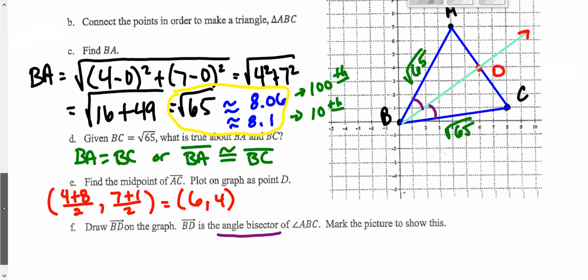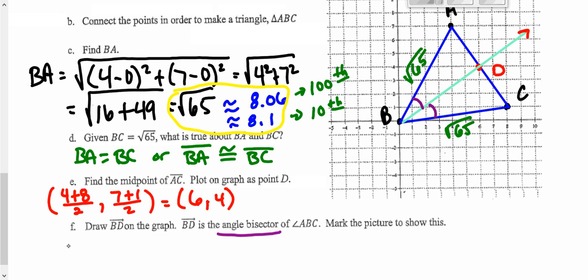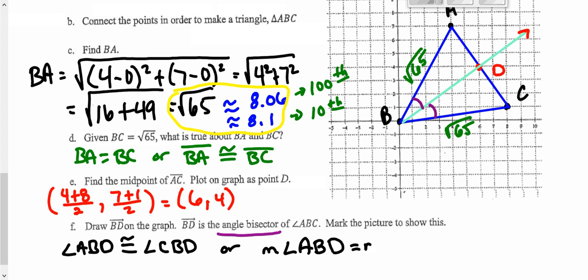So in other words, we have angle ABD is congruent to angle CBD. Another way that you could write that is you could say the measure of angle ABD is equal to the measure of angle CBD.